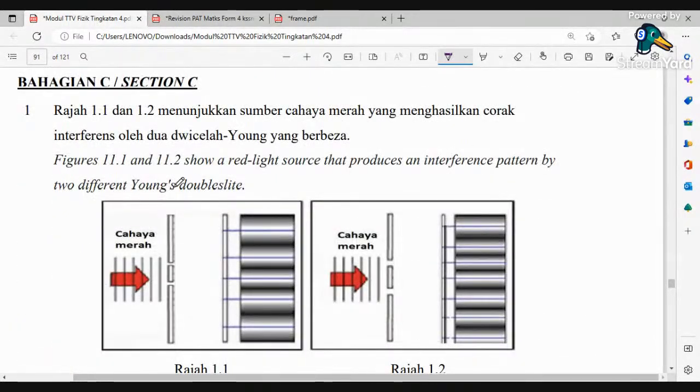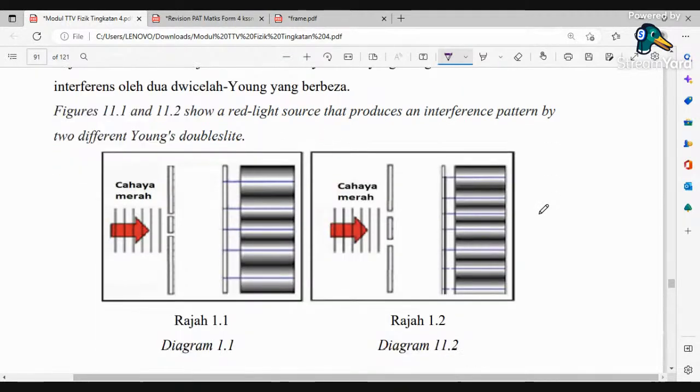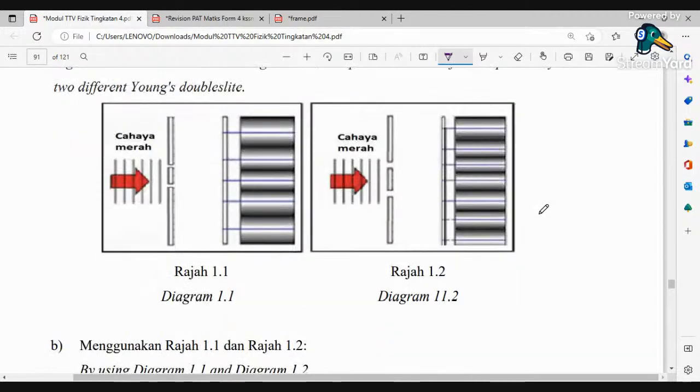Okay, section C, figure 11.1, 11.2 show a red light source that produces interference pattern by two different Young double slit. Okay, for Young double slit, the separation between two slit A. And then the distance between two bright fringes, this is X. Okay.